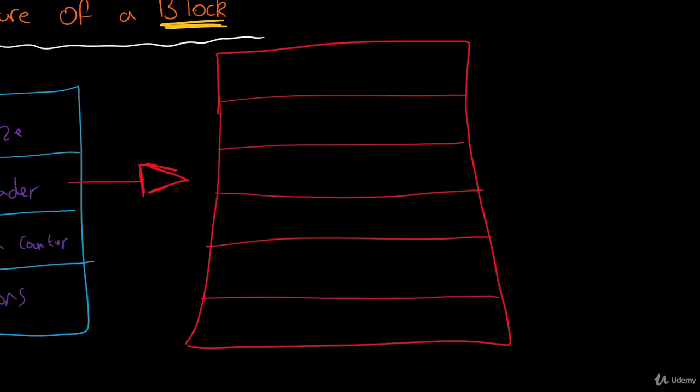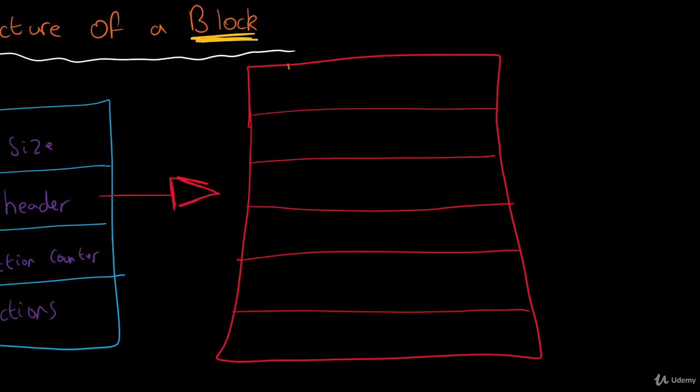The first field is the version, which is essentially a number to track the software protocol upgrades. Next, we have the previous block hash, and this is just a hash of the entire previous block.